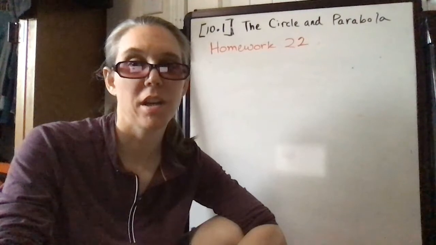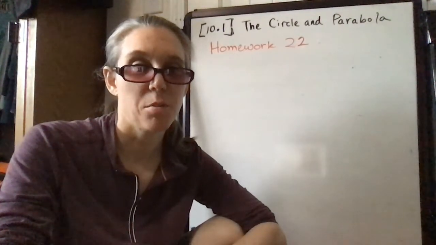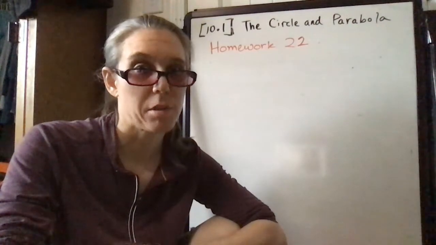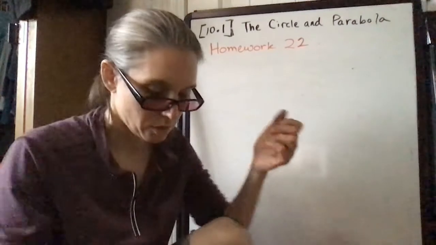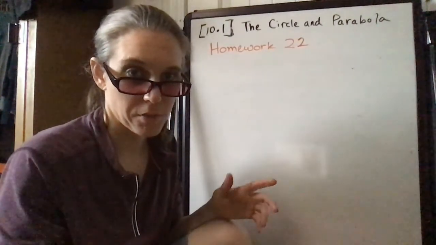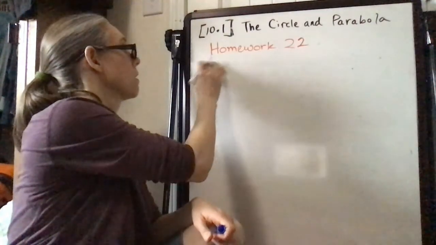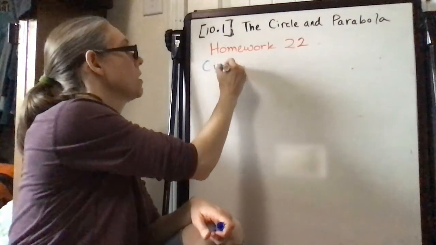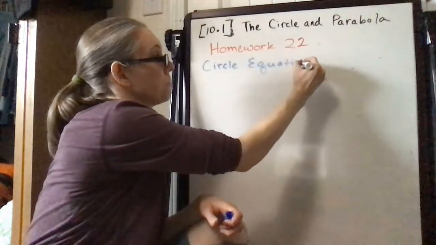So 10.1 covers the circle and the parabola. Originally I did have homework for the circle and the parabola in 10.1, but I've narrowed it down to just the circle. So let's understand first the generic formula for a circle. The circle equation looks like this.